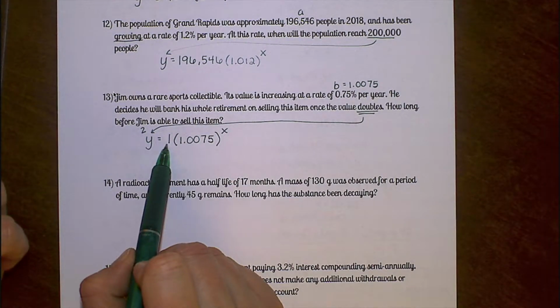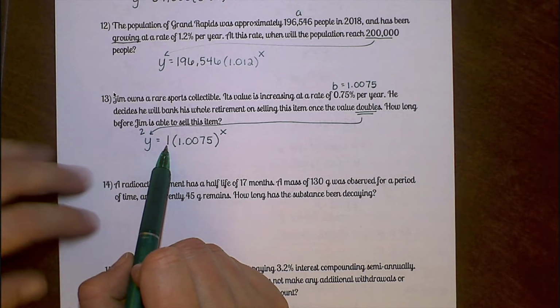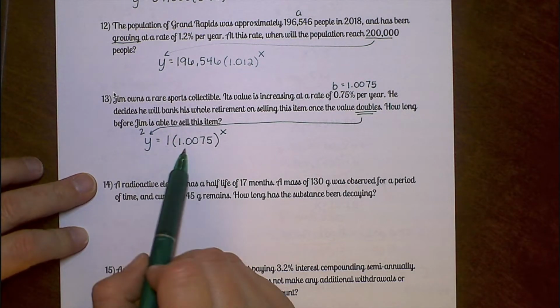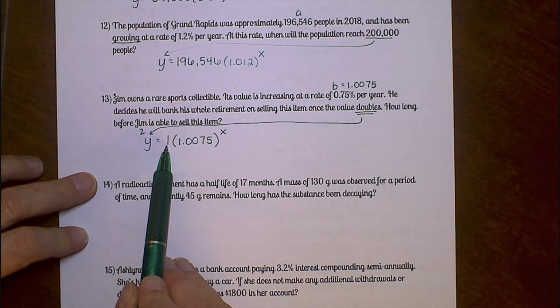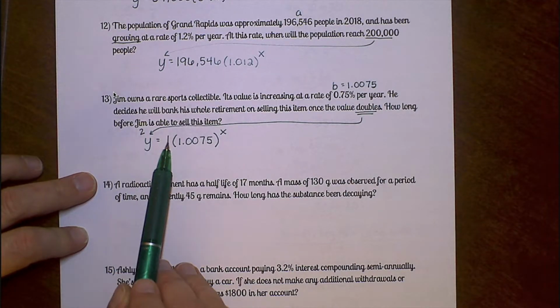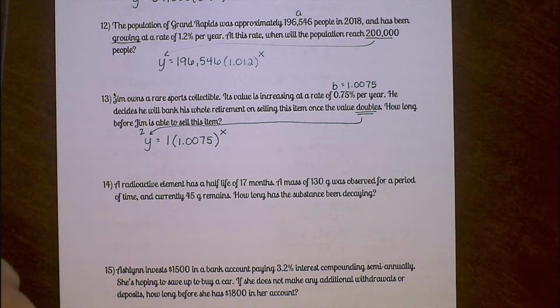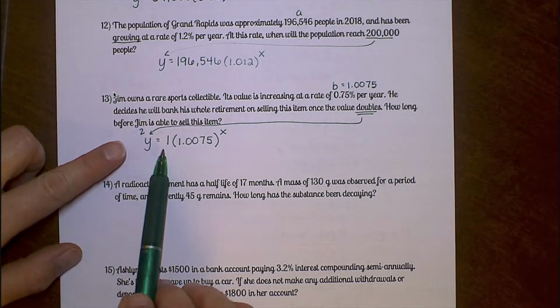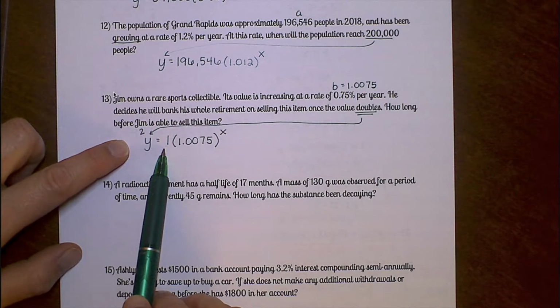Well, we know that the value right now is probably not really $1. But the way exponential growth works, it will take the same amount of time to go from $1 to $2 that it would to go from $1,000 to $2,000 or $10,000 to $20,000. This is just the simplest form of this equation to work with.